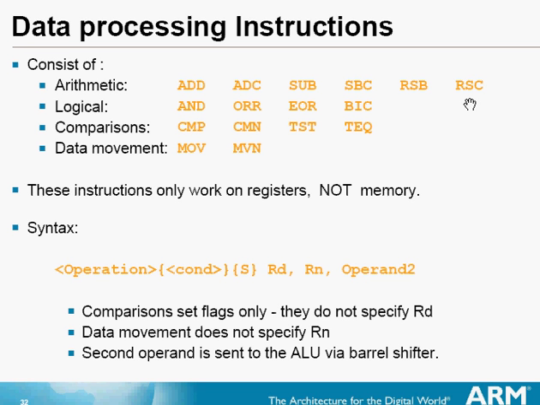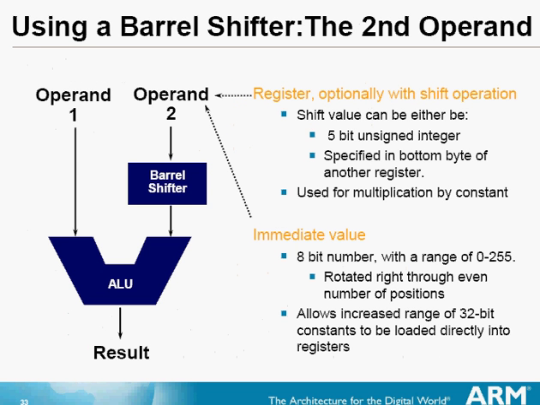The second operand is sent to the ALU via barrel shifting. This is another unique thing in the ARM processor. Barrel shifting of the second operand means you can change the number actually.